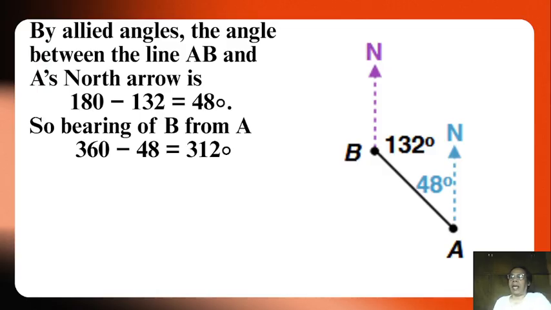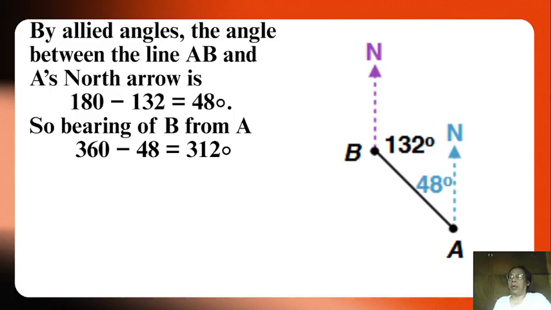Complementary angle of 132 degrees. So to get the complementary angle of 132 degrees, you subtract 132 from 180, which is 180 minus 132, that's 48 degrees.